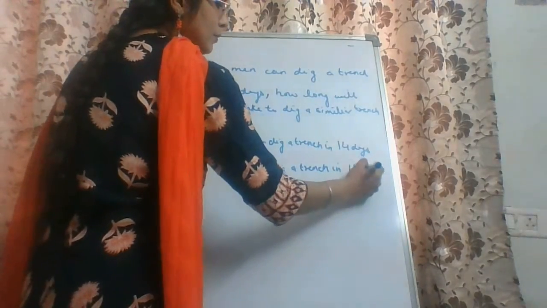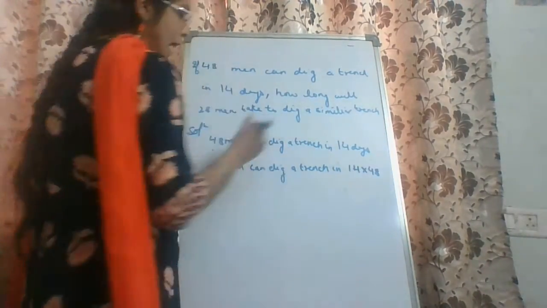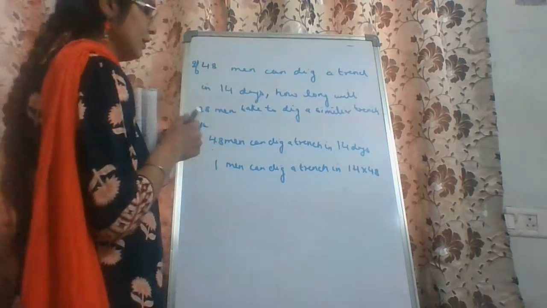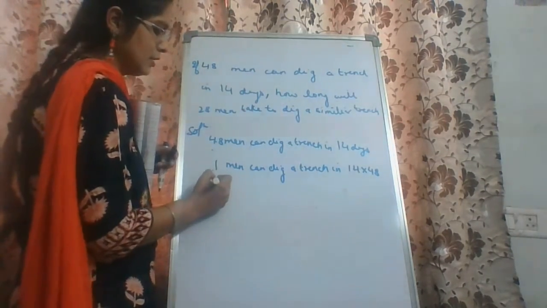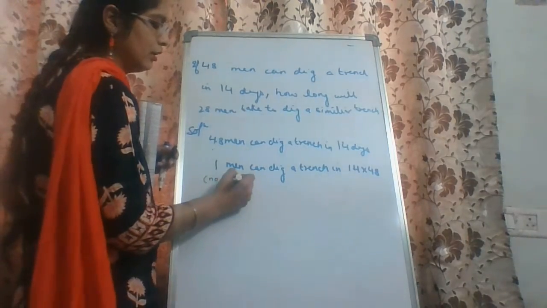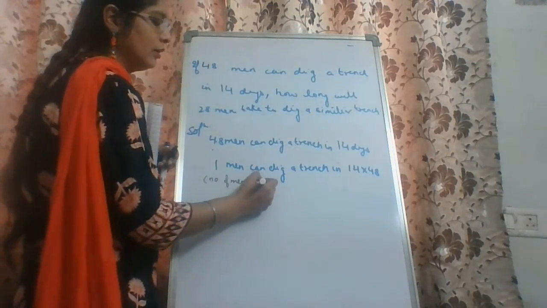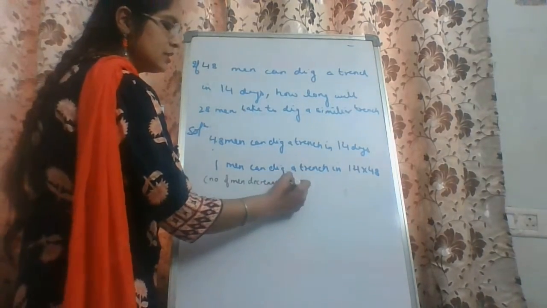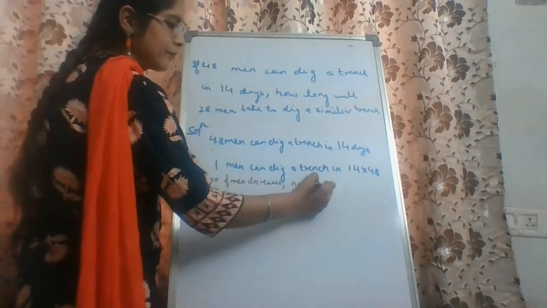Here the first step will be multiplication. As the number of men decreases, the number of days increases.